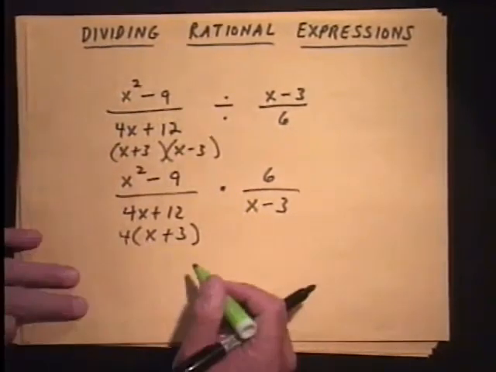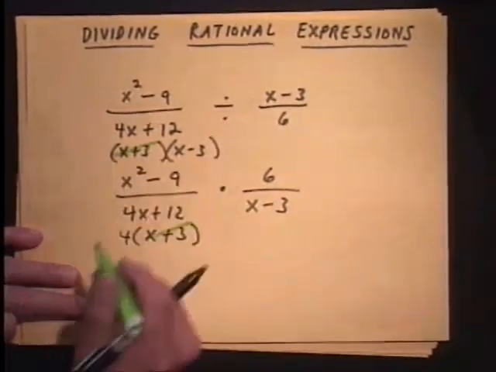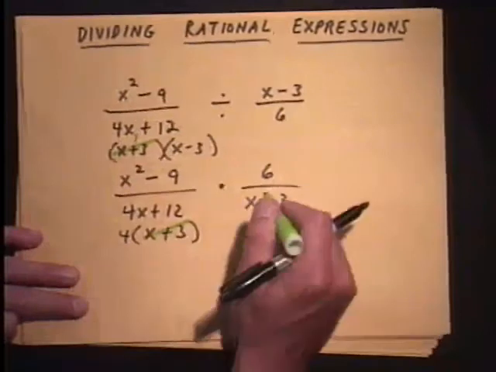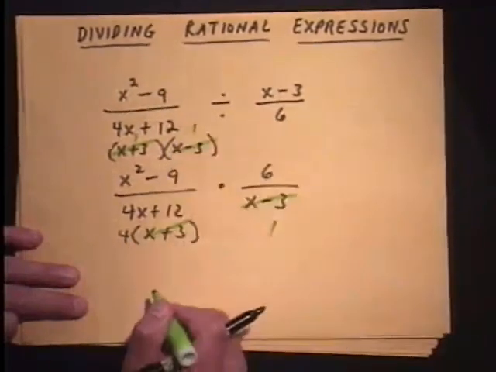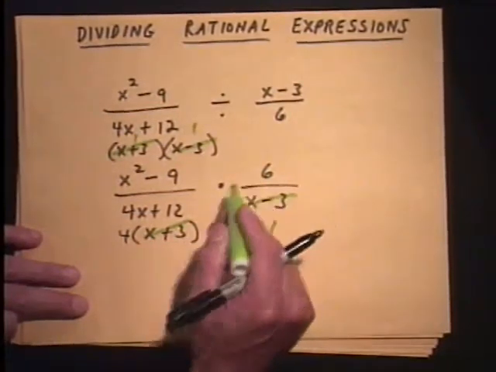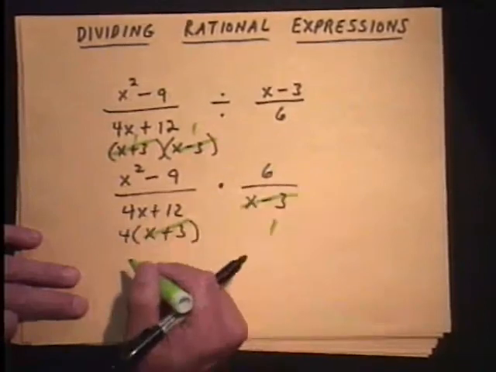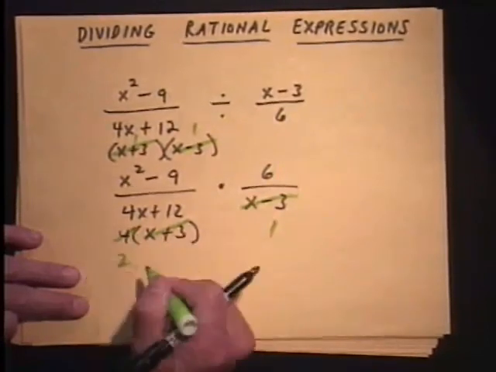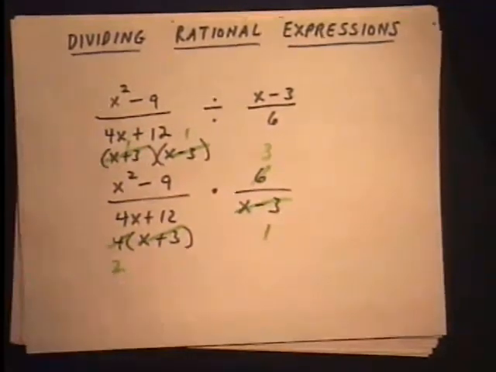So what are we going to chop? I see an x plus 3 in top and bottom that cancels to 1. An x minus 3, diagonal here, cancels to 1. And is that all? No, we can also cancel. This is not a full chop, I call it, but a partial chop on the 4 and 6. We can take a 2 into the 4 and a 2 into the 6 and reduce it that way as well.